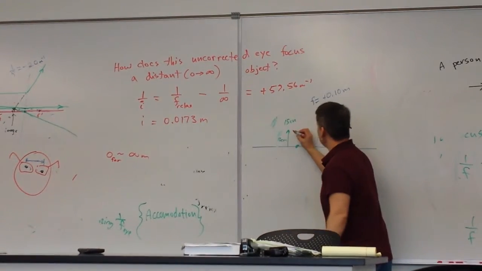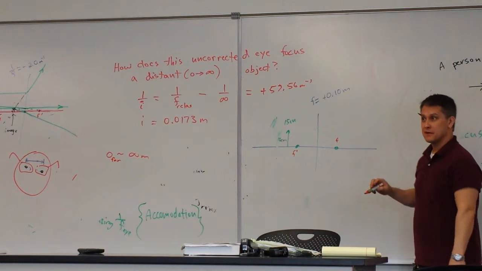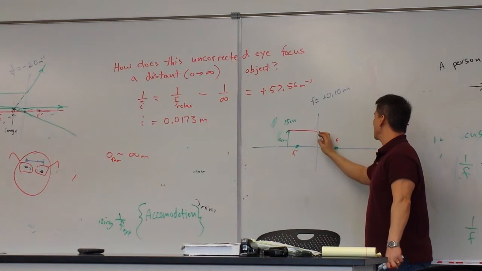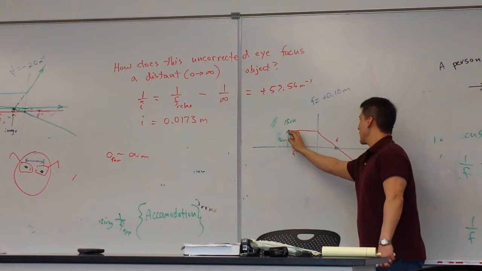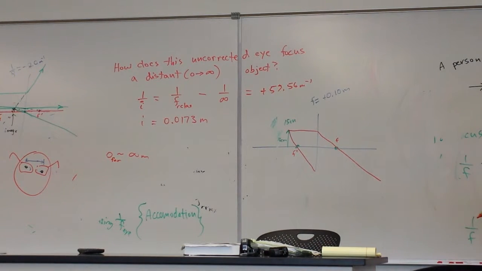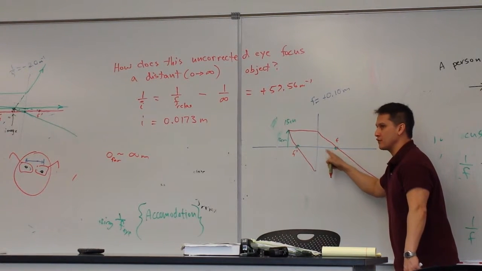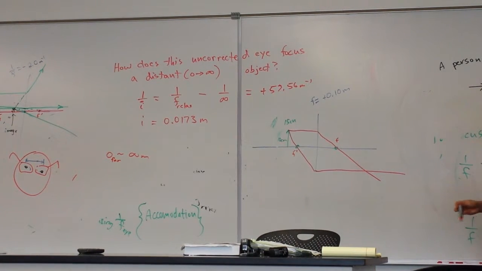If I constructed it, this would be F. This would be F prime, because it's a converging lens. So a parallel ray coming in would be focused to the focal point. A ray coming through F prime would go to the lens, and it would come out parallel.